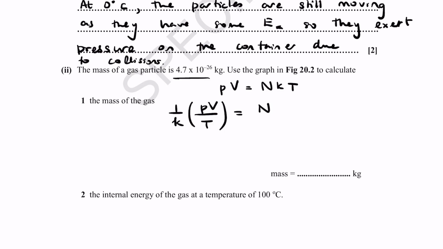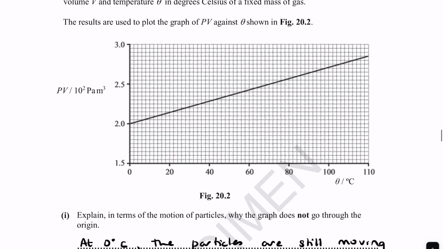So for this, I need to consider the gradient of this graph. And so for the graph, I'm going to take the full axis and full values, and this is 2.85 times 10 to the 2, bear that in mind.